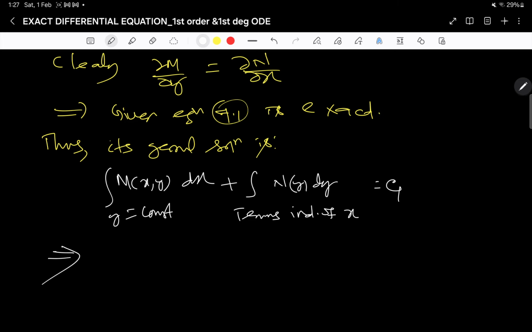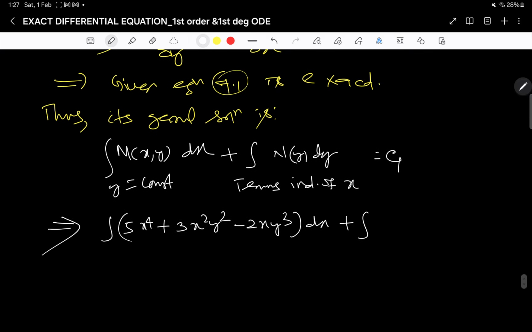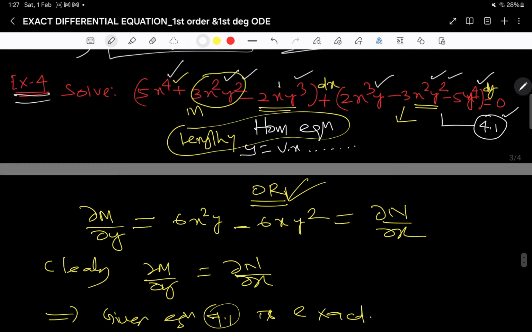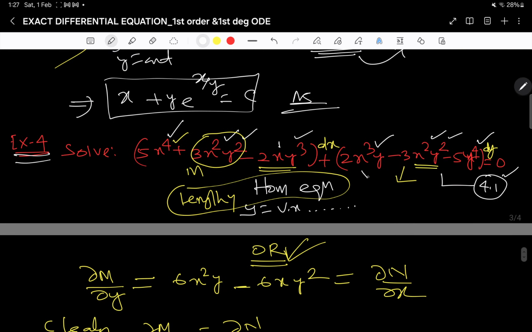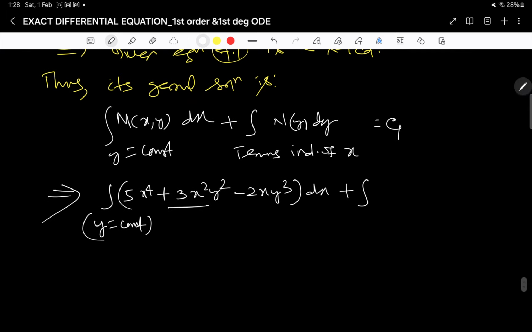So now this is your M, so you treat y as constant here. Now you find in N the term free from x. This is not free from x, this is not free from x, however this is free from x, so it is minus 5y to the 4th dy.